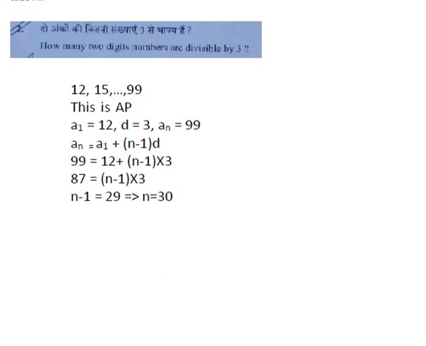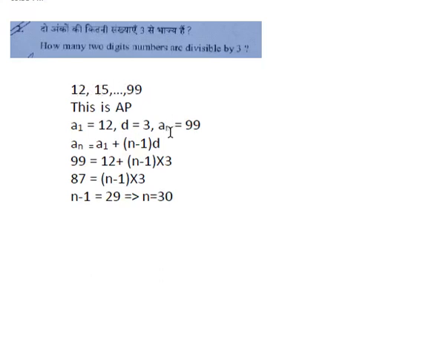Moving on to the second question, here we have how many two-digit numbers are divisible by 3. So the first two-digit number divisible by 3 is 12, and the last two-digit number divisible by 3 is 99. After that it turns to 3 digits. So we can see here that it becomes an AP with 12, 15, 18, 21 up to 99, where the first term is 12, the difference between each term is 3, and the last term is 99.